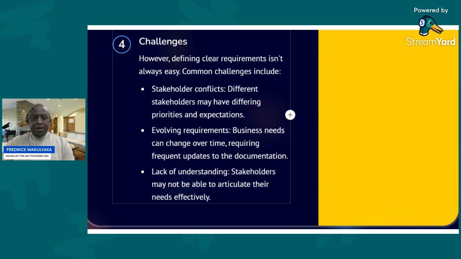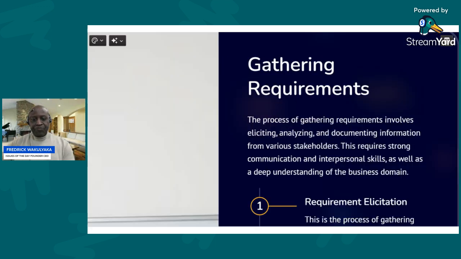Stakeholders may not be able to articulate their needs effectively. The process of gathering requirements involves eliciting, analyzing, and documenting information from various stakeholders. This requires strong communication and interpersonal skills, as well as a deep understanding of the business domain.